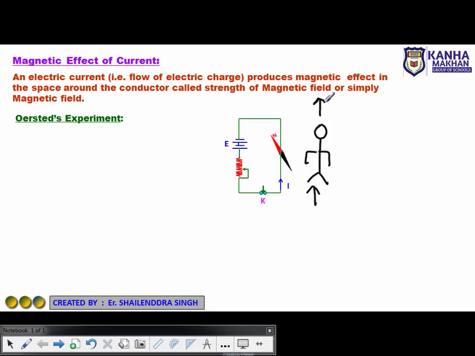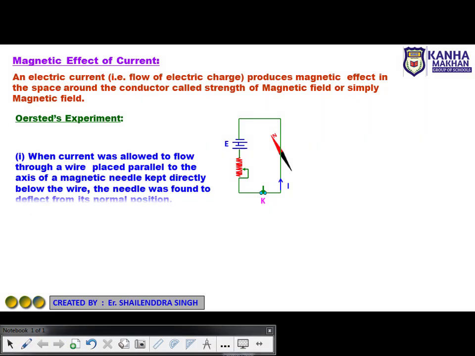Then you know very well that during that swimming condition, the left hand will be here and the right hand will be here. So the north pole of the magnet must be deflected towards the left hand. Here you are observing the left hand along that direction. Then the north pole gets deflected towards the left hand. It is also known as the left hand swim rule.